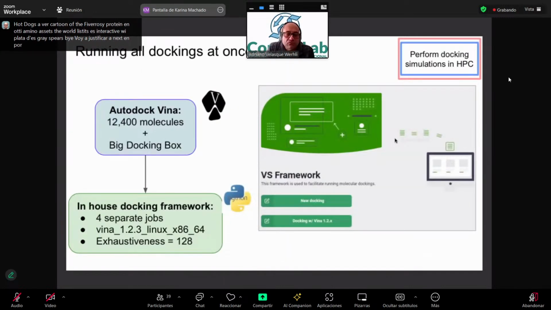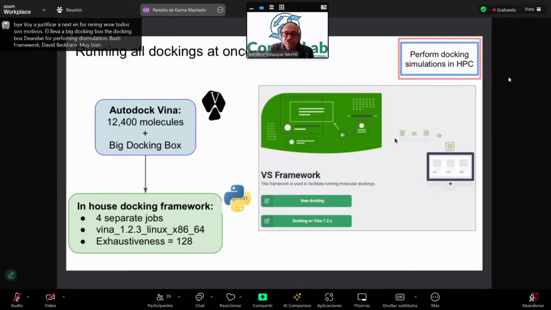And for running, well, we are then facing the situation where we have a large number of molecules, more than 12,000 molecules, and we have a big docking box. It's almost a blind docking. Then for performing the simulations, we used a framework that we have been developing for a long time now.